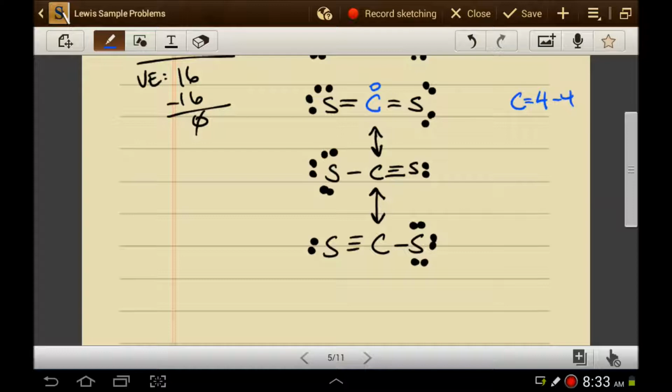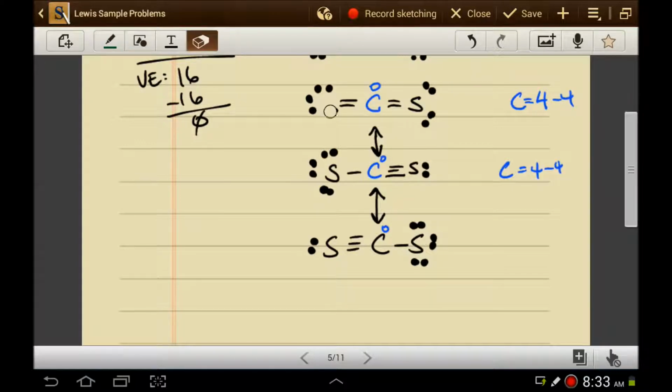This carbon down here, same thing, 4 valence electrons minus 1, 2, 3, 4 gives us a formal charge of 0. And then of course this carbon is the same thing with a triple bond on one side and a single bond on the other.